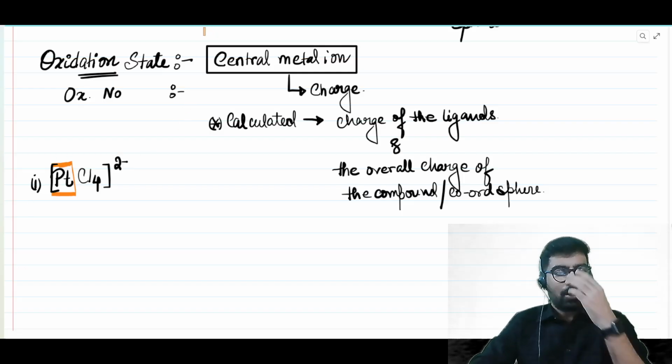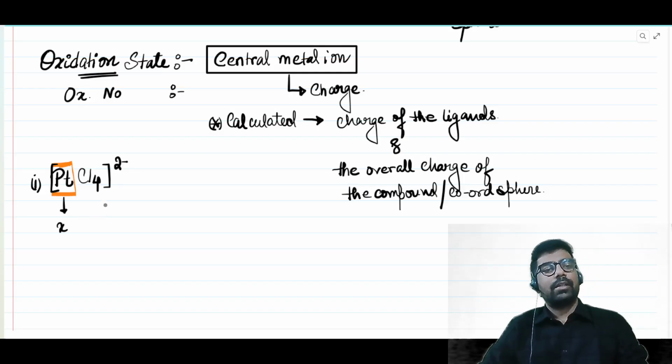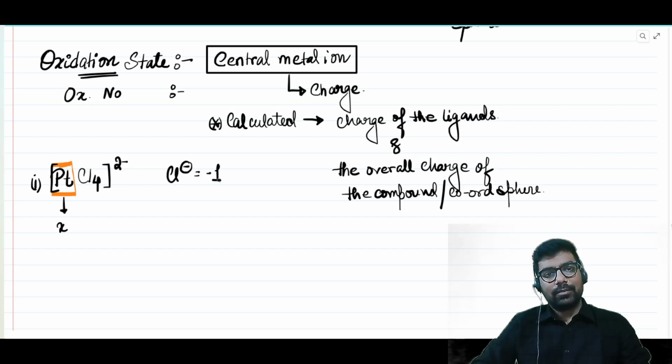Now how can we find it? Let's take the charge of platinum as x. Clear? Now we have 4 chlorine. Cl has a charge of -1.